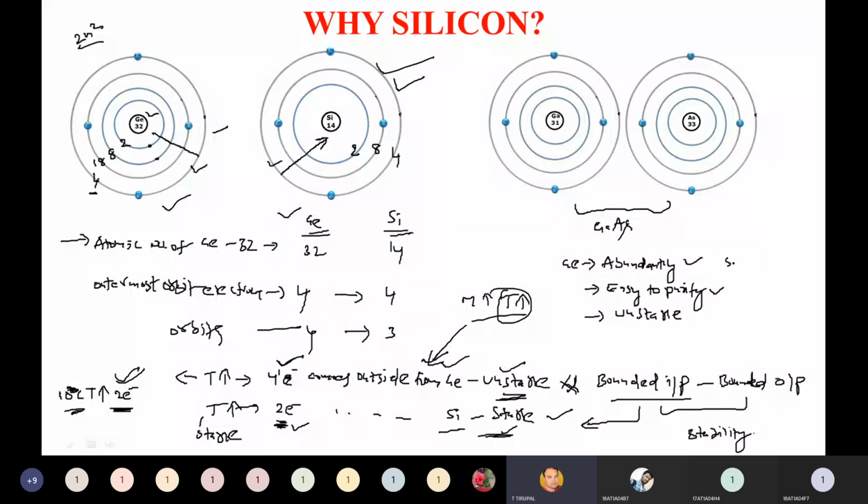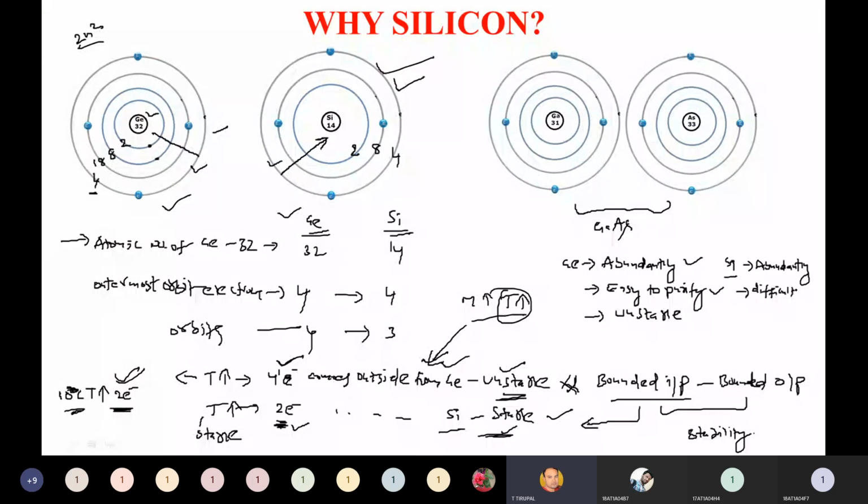What about silicon? Silicon is abundantly available on Earth's surface in the form of sand. As you know already, it is abundantly available, but it's very difficult to purify. A lot of money and a lot of process is required to purify it.